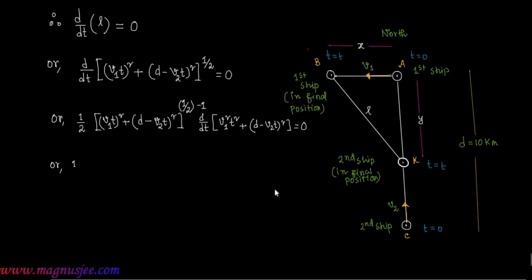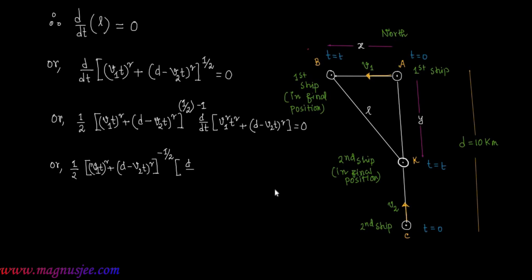Or, 1 by 2 into ((v1t) whole square plus (d minus v2t) whole square) to the power minus 1 by 2, into (d/dt of v1 square t square plus d/dt of (d minus v2t) whole square) equal to 0.